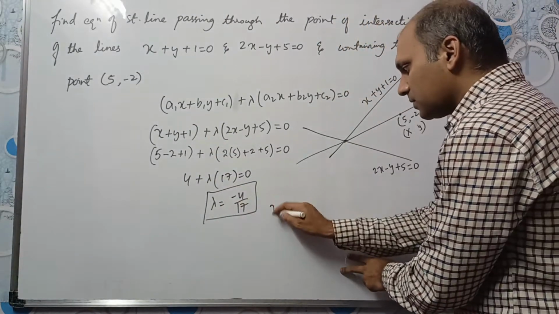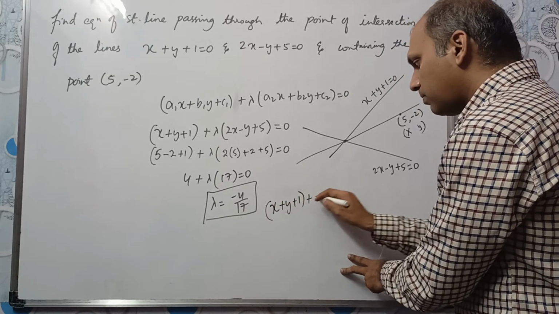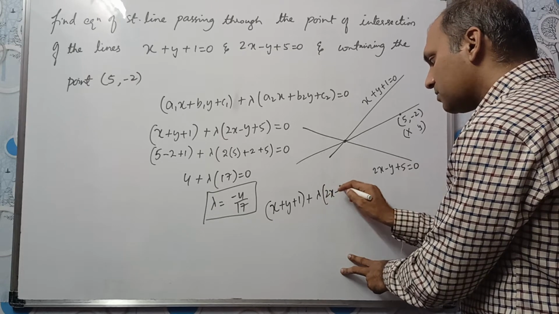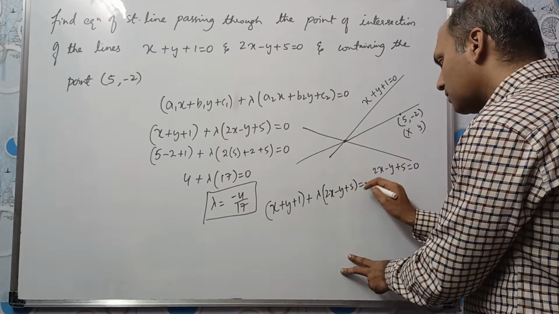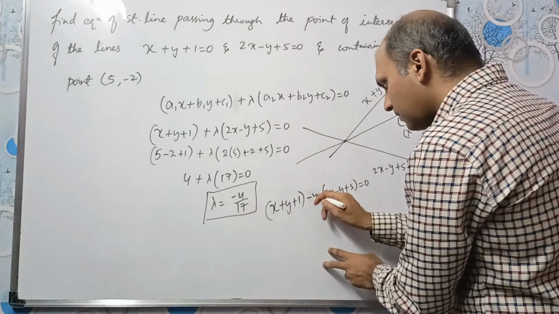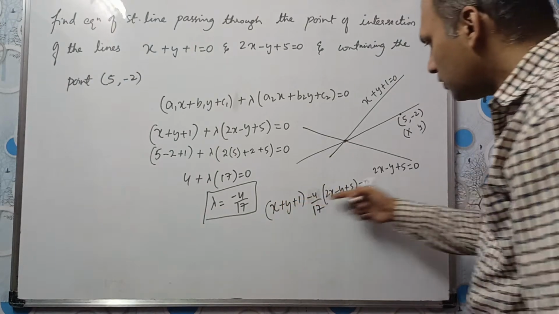Now we need to substitute the value of lambda in this equation. We had x plus y plus 1 plus lambda times 2x minus y plus 5 is equal to 0. In place of lambda, let us substitute minus 4 by 17. Multiply both sides by 17.